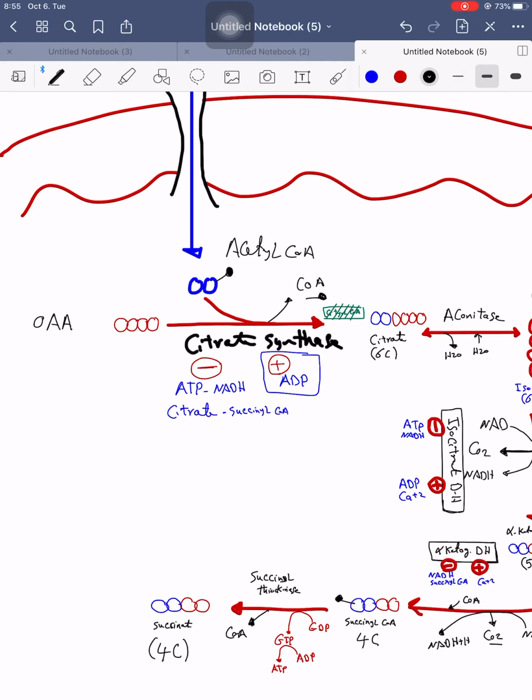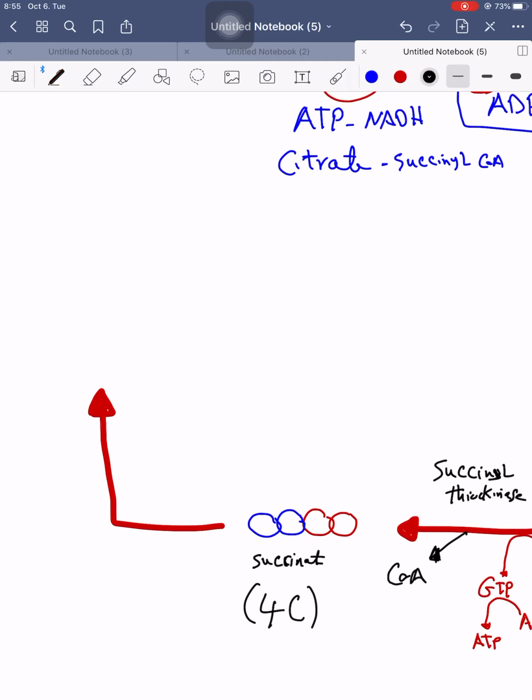So we have a specific enzyme here, which will convert succinate, 4 carbon, to form one molecule called fumarate. It is a kind of dehydrogenation, so I'm not using NAD, I'm using another coenzyme called FAD. That FAD is reduced to FADH2.